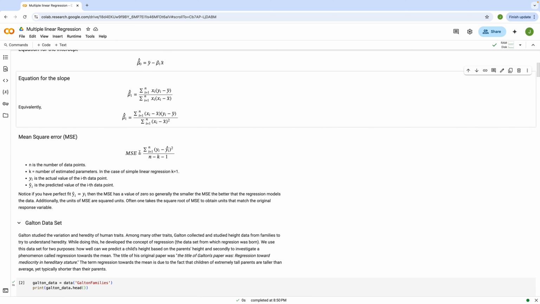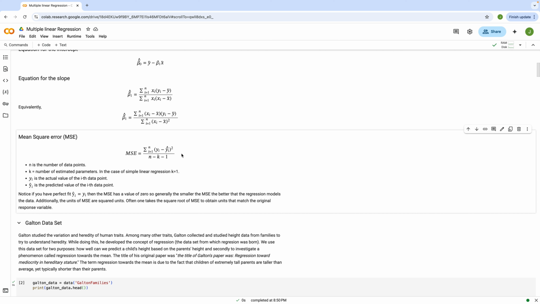The mean square error is given by this equation here. It's the actual observed value minus what's predicted by the model, all squared, divided by n minus k minus 1. And here we divide by n minus k minus 1 as a penalty for adding extra variables.